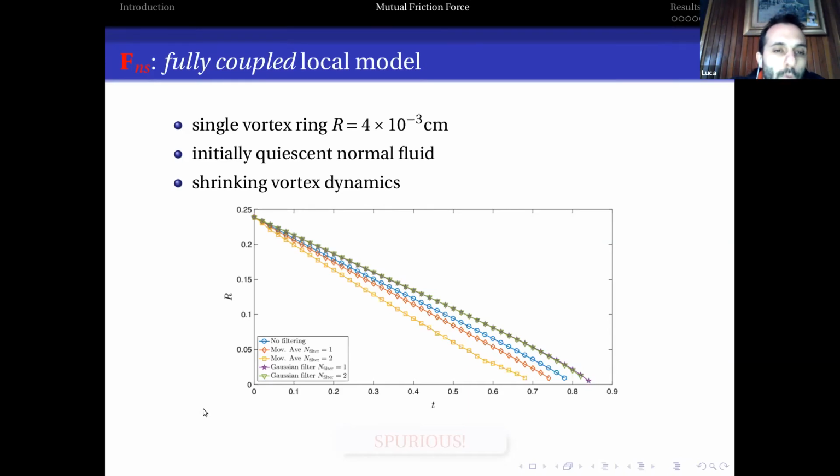We see that the temporal evolution of the ring strongly depends on the type of filtering adopted. So it is rather clear that these differences are spurious. They are not physical. They depend only on the numerical procedure.